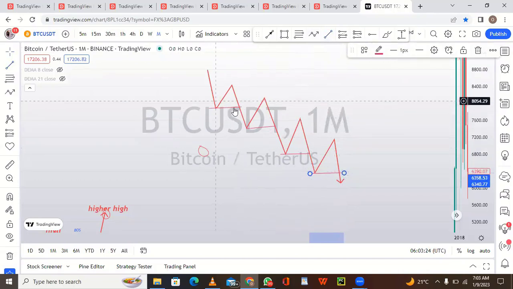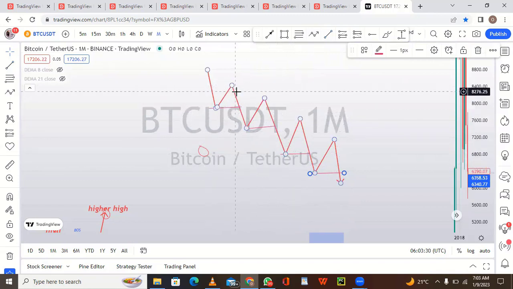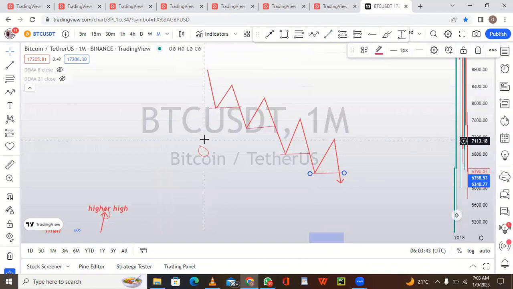Okay, these are all break of structure to the downside. And I told you that the move that created that break of structure is an impulsive move. While the ones that created the lower highs, they are known as what? The retracement move or the pullback or the corrective move. Okay, so that is that about a bullish market and a bearish market.